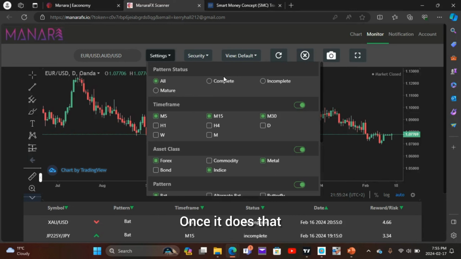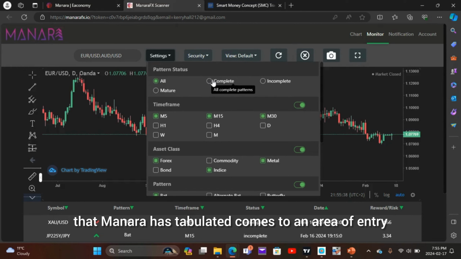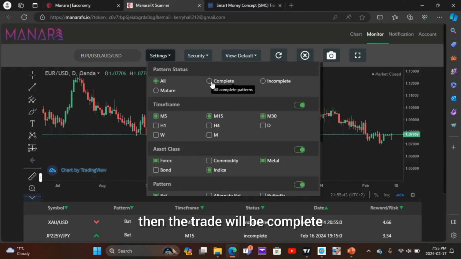Once it does that, it's going to highlight with those red lines that I showed you previously zones of interest, and it's going to be looking for the market to tap back into those zones of interest. So as soon as the trade idea that Manara has tabulated comes to an area of entry, then the trade will be complete, and it means that you're able to enter that trade right there and then.